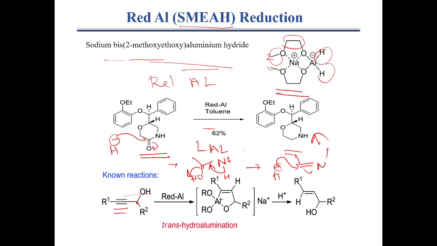So first, as aluminum is an electropositive metal and oxygen is electronegative, they will react with each other and form this kind of aluminum oxide compound. And whatever hydride is there will transfer here. So it is transferred this way and gives alkene through hydrolysis.